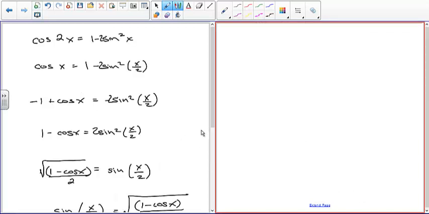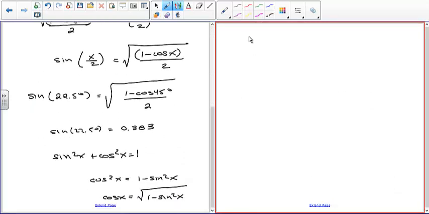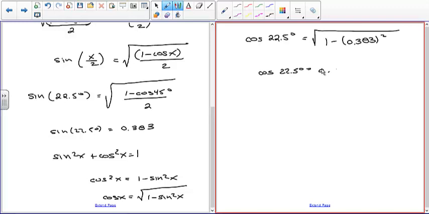So for our particular case, the cosine of 22.5 degrees equals the square root of 1 minus the sine of 22.5 degrees, which is 0.383, squared. Take the square root of that, and you get the cosine of 22.5 degrees is 0.924.